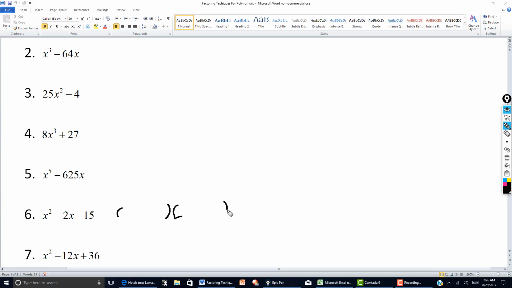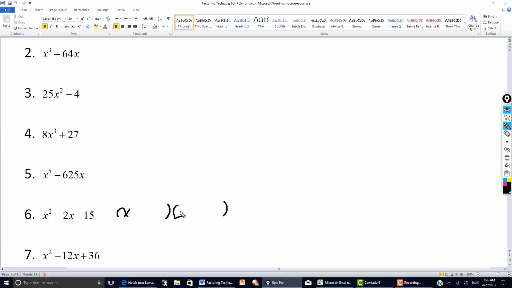And generally what we do is we look at factors of the first term and factors of the third term, and we form the 2 binomials. So for x squared, the only possibilities are going to be x and x.